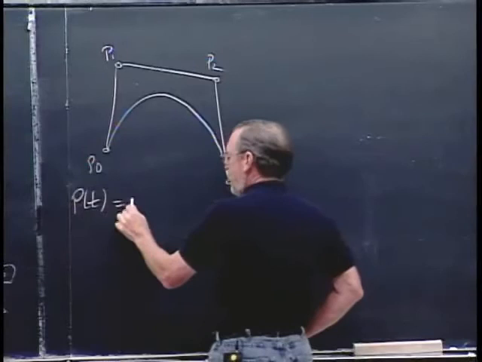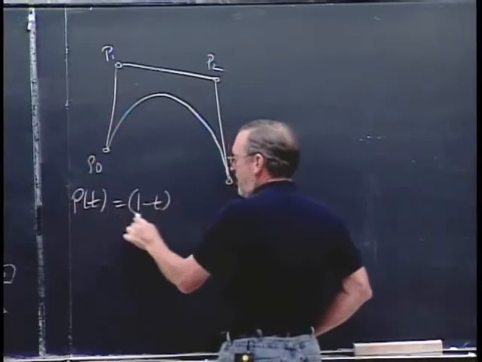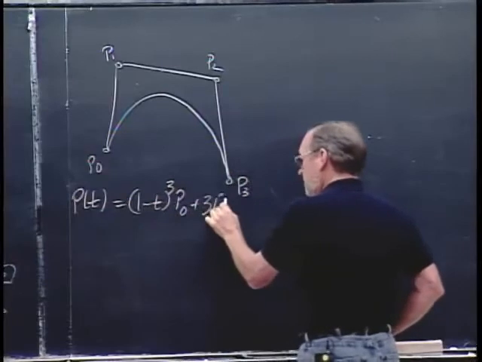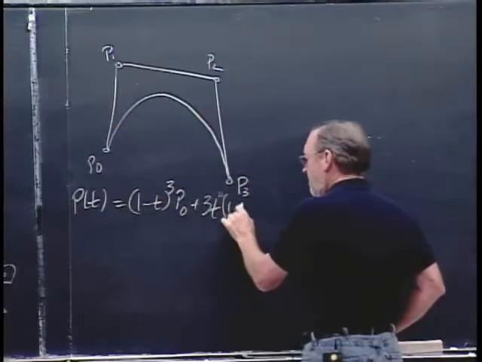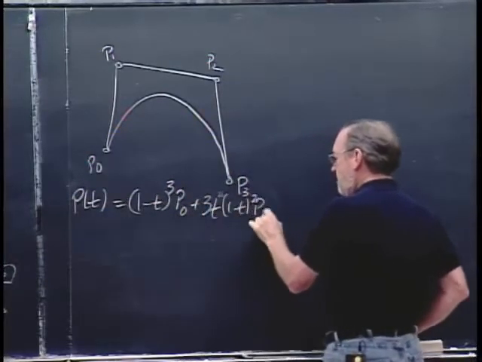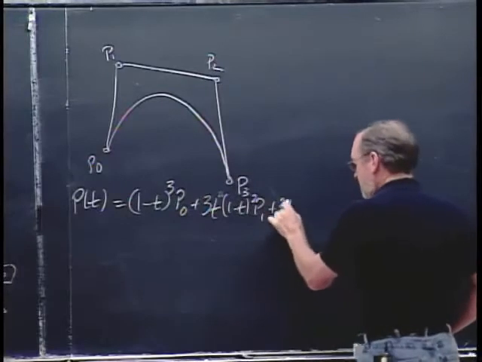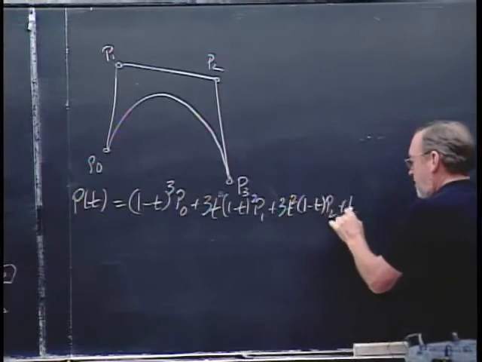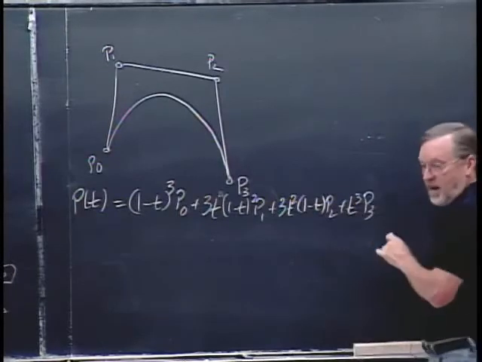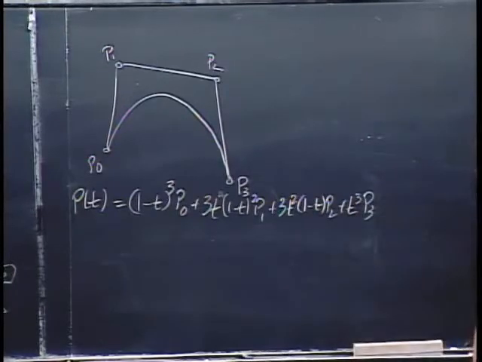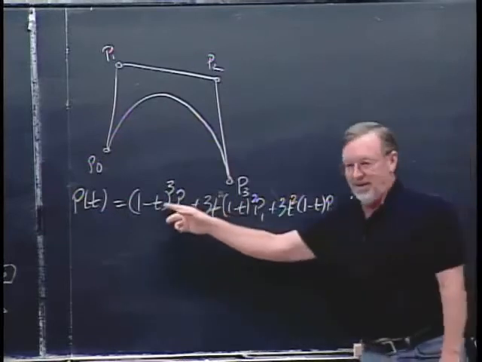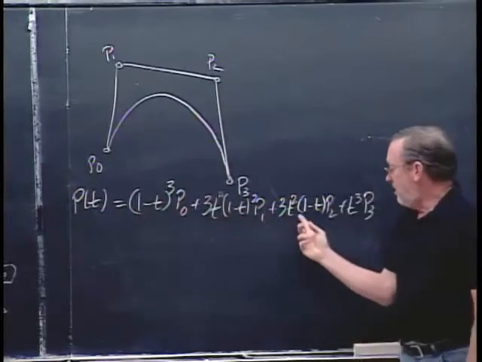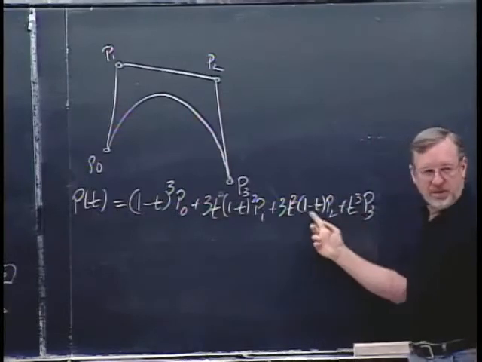If you wrote something like this, it was (1 minus t) cubed in this case, p0, plus 3t (1 minus t) squared p1, plus 3t squared (1 minus t) p2, plus t cubed p3, okay? Was that one. And this is one of those cool, if you remember this was cool, this was an affine combination because all the coefficients here added up to 1.